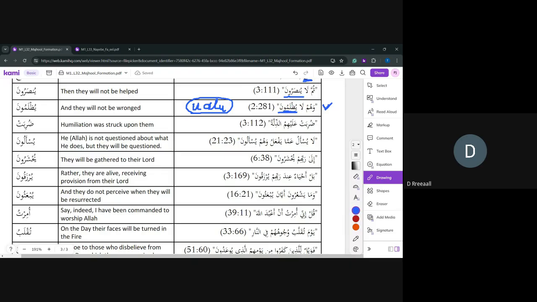Use the base. Nasara yansuru, and then Mudari Majhool will be yunsaru. Same here, yuzlamu. Start from yu. Clear? You want to do the next one? Yeah.